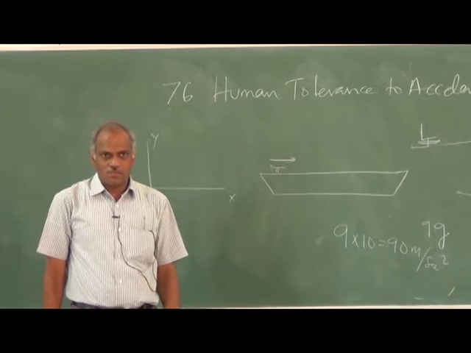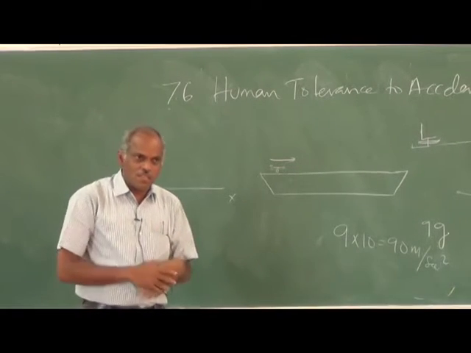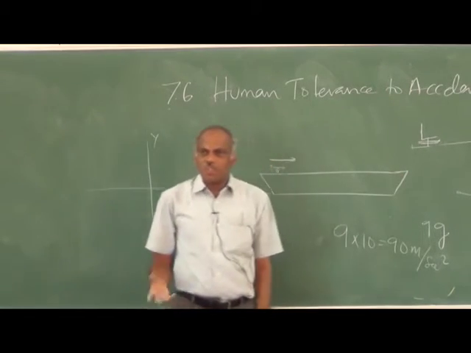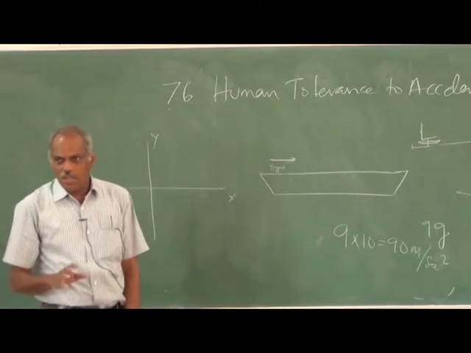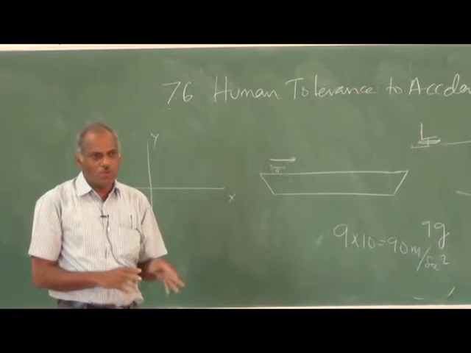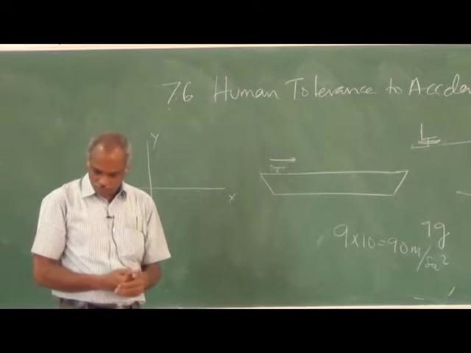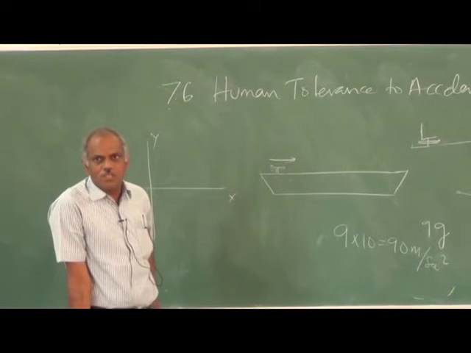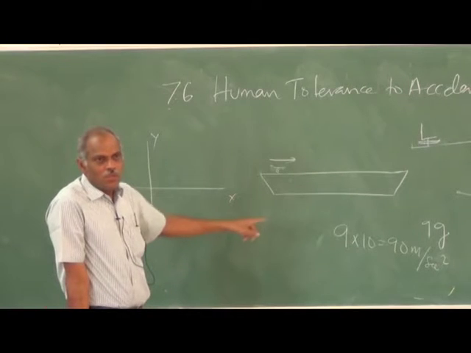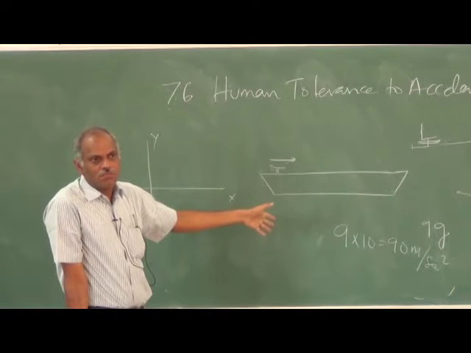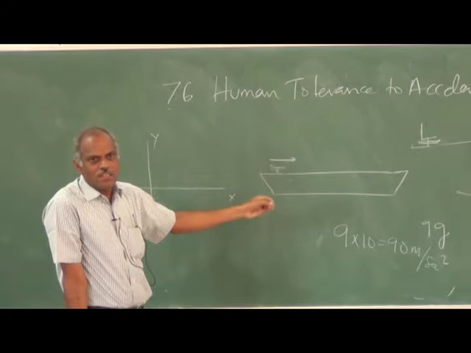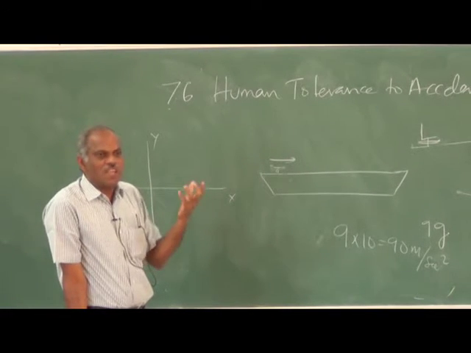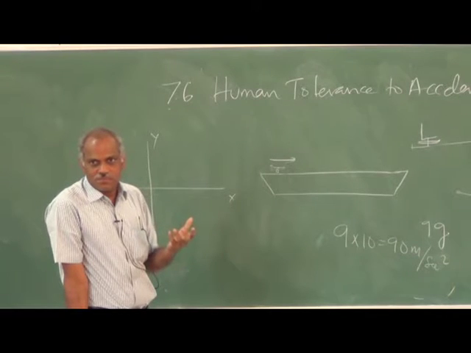Based on this, they have decided that no war machinery can subject the pilot to that acceleration or more than that. So they have to limit the accelerations. When you put 9g or 10g, it is a very sophisticated way of killing a person.